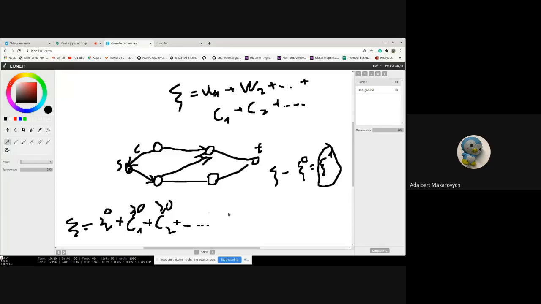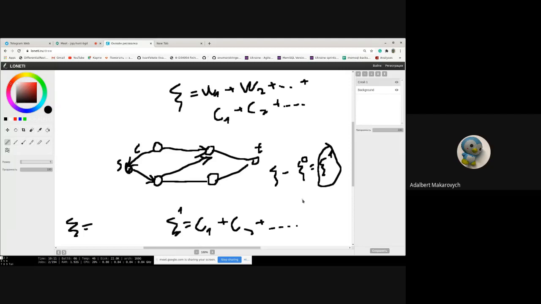So we can say that C is at least as big as C0. So we proved that if we don't have negative cycles, then we find the answer.